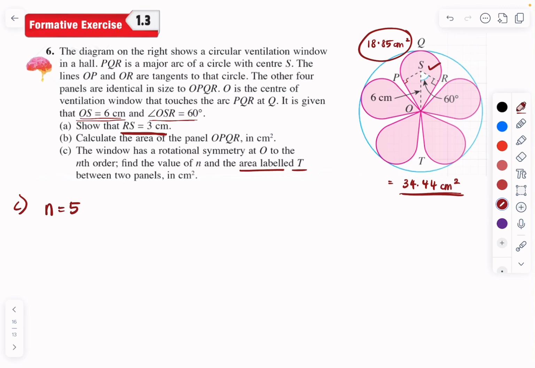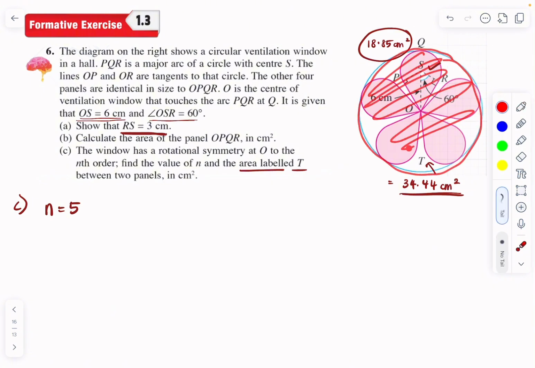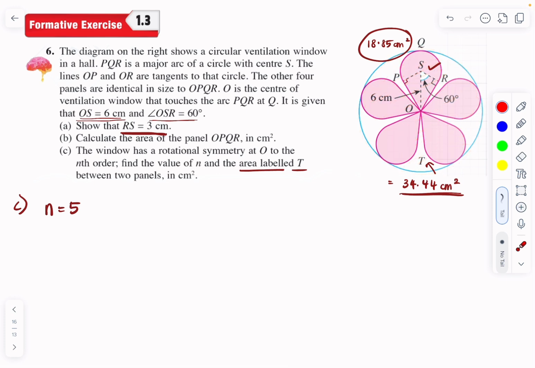So the strategy here to find this T is you use the whole circle's area minus the 5 panels' area to get the white color surface, to get this area. Then this area, we divide it equally by 5 to get one single area. Okay, let's try.